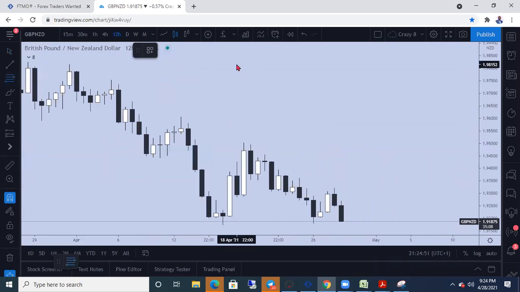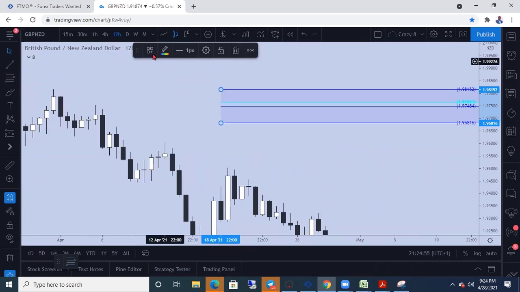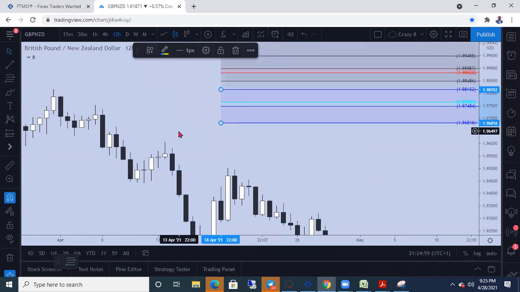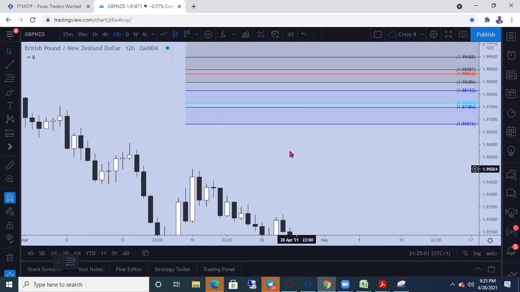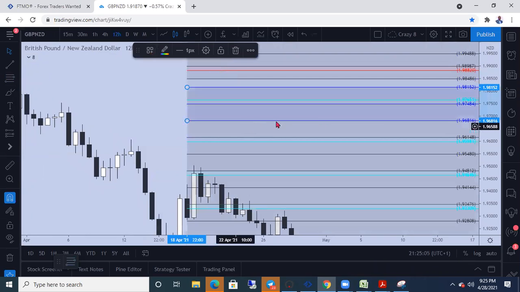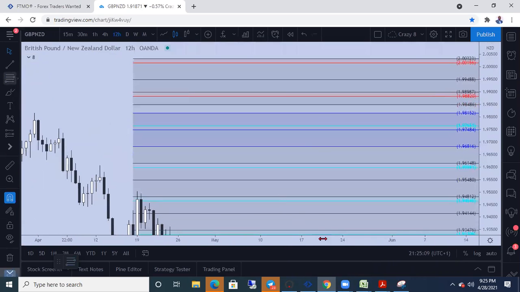But the AQZ has a full fib settings, and it looks something like this. Sorry. It looks something like this, AQZ fibs. This is the full fib settings for AQZ. Again, we have our AQZ block.